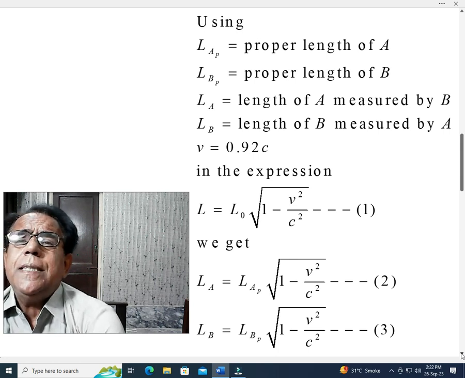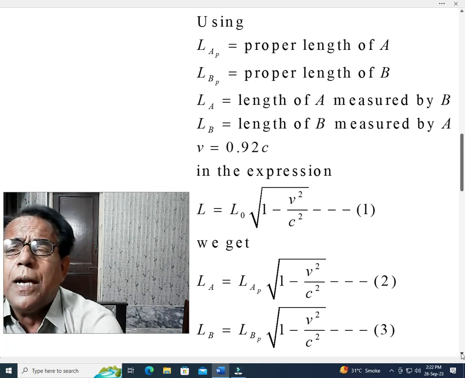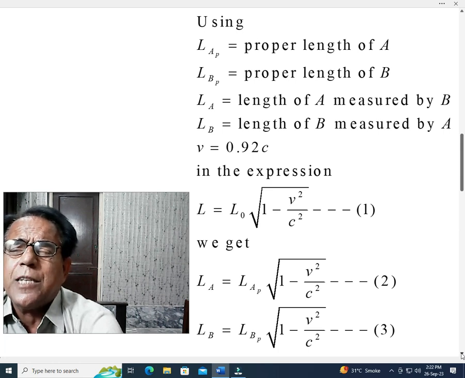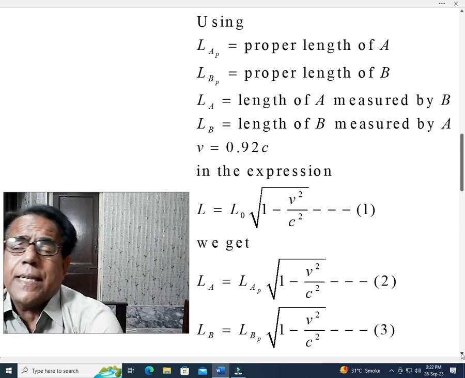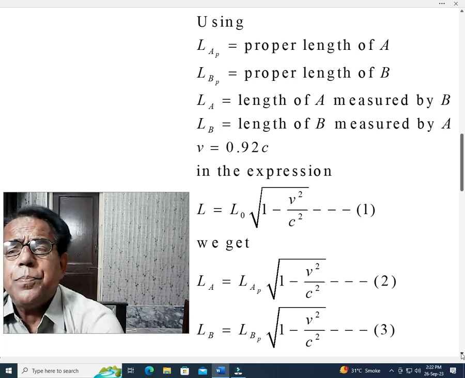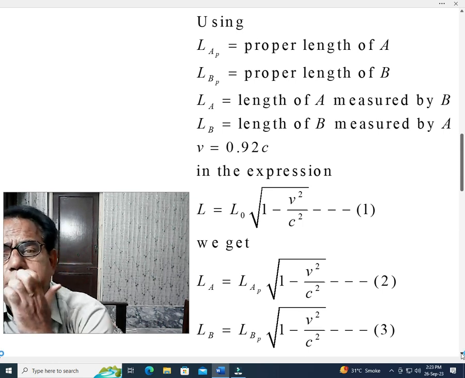So, using these notations in the expression L equal to L naught into under root 1 minus v square over c square, equation 1, we get L_A equal to L_AP into under root 1 minus v square over c square, equation 2. L_A is the length of A measured by B, while L_AP is the proper length of A. Similarly, L_B is equal to L_BP into under root 1 minus v square over c square.